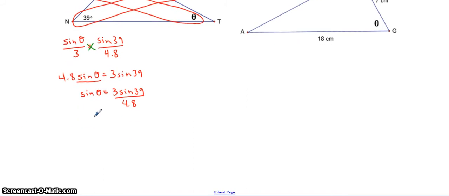Then to get the angle, you do sine inverse of this. And in your calculator, you'll get an answer of 23 degrees.